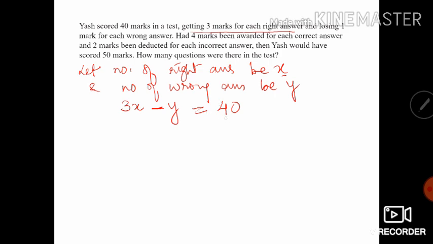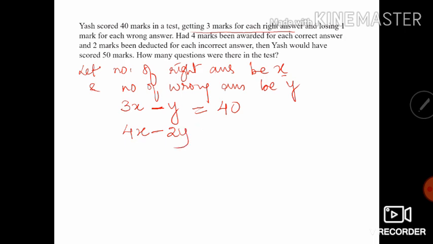Likewise, you will get the other equation. Had 4 marks been awarded for each correct answer, then he would have got 4x. But at the same time, there are 2 marks being deducted for each wrong answer. Then the total marks deducted will be 2y.